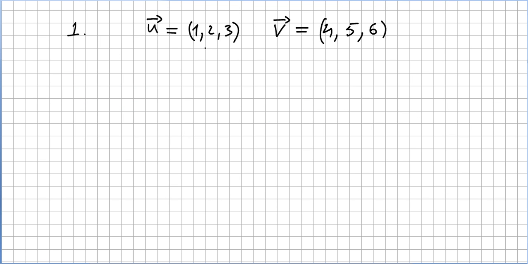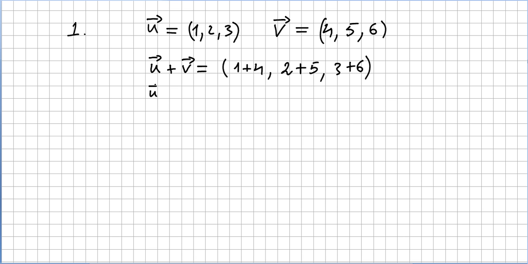Okay, let us see two examples. Let us say we have vector u (1, 2, 3) and vector v (4, 5, 6). What is u plus v? Well, it's really easy, right? It would be 1 plus 4, 2 plus 5, and 3 plus 6.